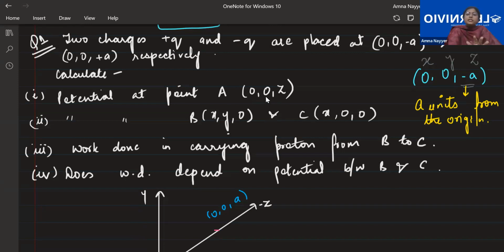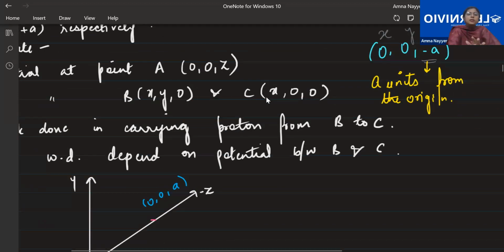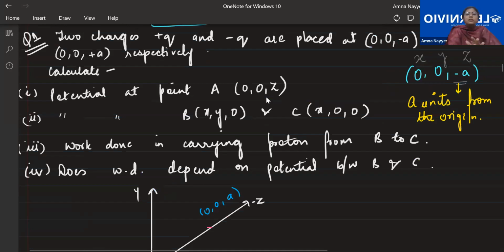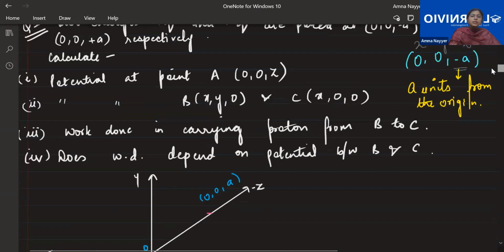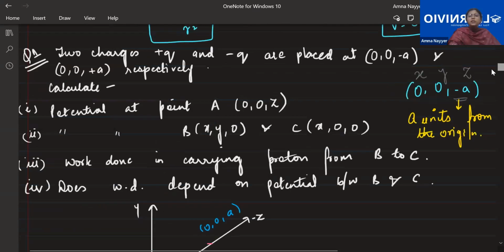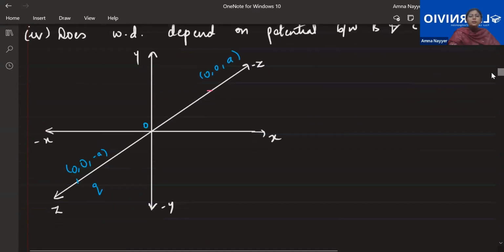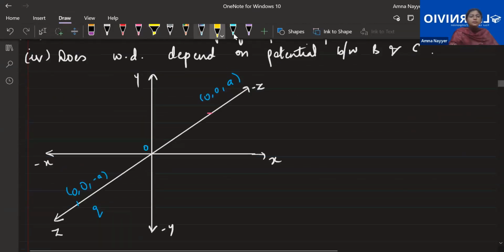Then is your point A, which is (0, 0, z). Now, when we're talking about A, look here. This is your one point, which is plus Q on minus a. So plus Q, this is plus Q.